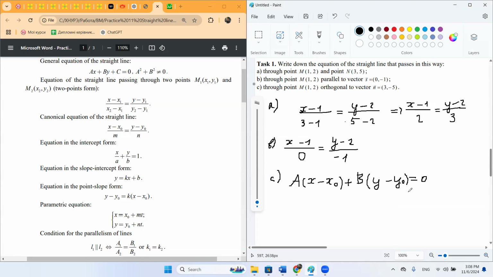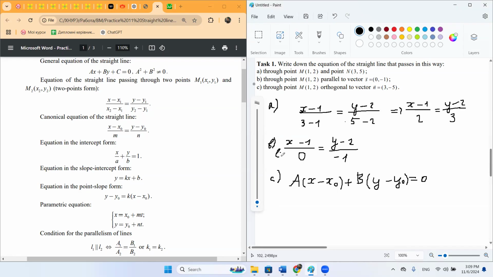So how to write it in our case? The coefficients a and b, where can we take them? It will be 3 and minus 5. Yes, the coordinates of vector n, the normal vector for this line.